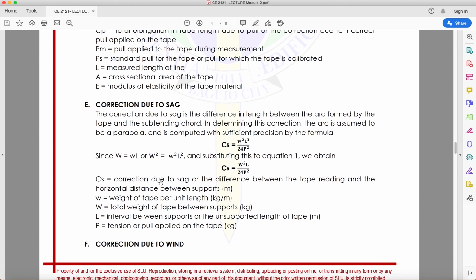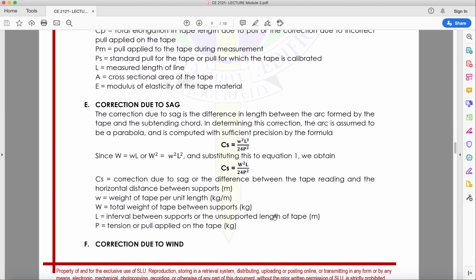So Cs is the correction due to sag. w is the weight of the tape per unit length. Okay? Per kilogram per meter. And W is the total weight of tape between supports. L is the interval between supports or the unsupported length of the tape.